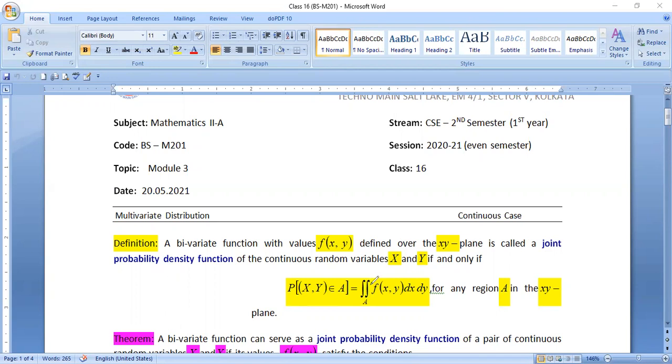But in CSE and IT and in AIML, in their first semester mathematics course, double integration was not there. So double integration comes when we deal with a function of two variables.